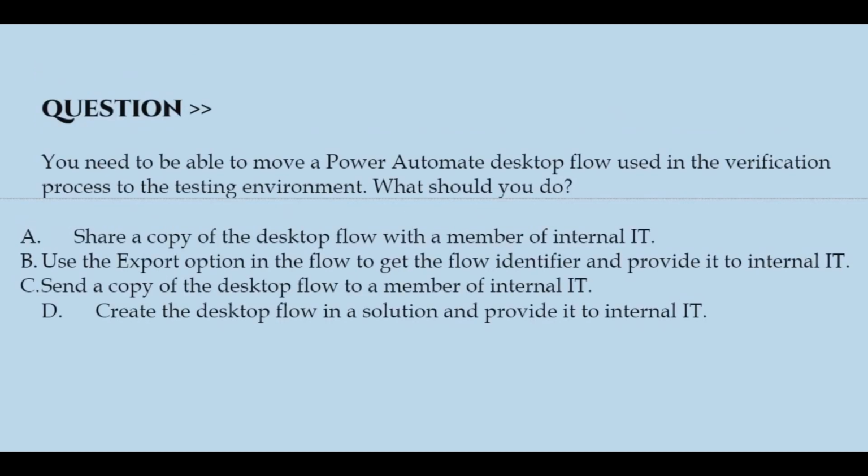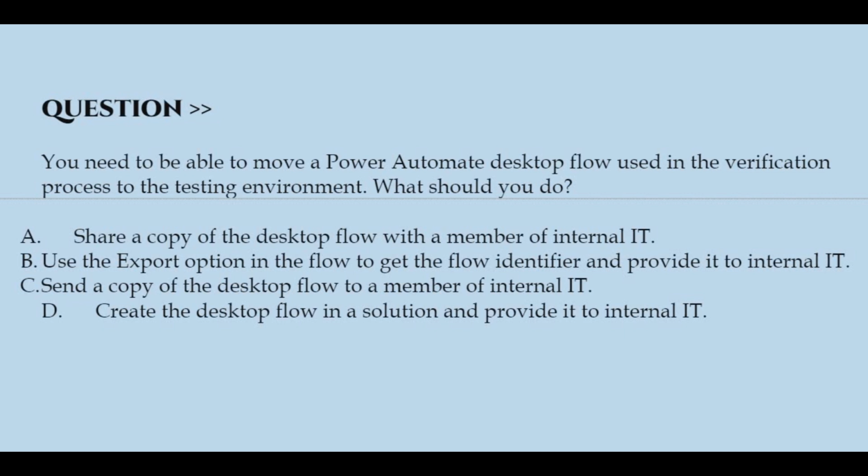Next, you need to be able to move a Power Automate desktop flow used in the verification process to the testing environment. What should you do? Option A, share a copy of the desktop flow with the member of internal IT. Option B, use an export option in the flow to get the flow identifier and provide it to the internal IT.